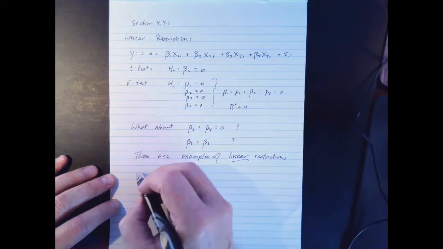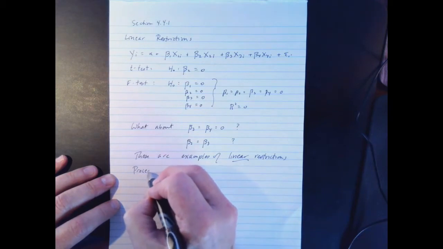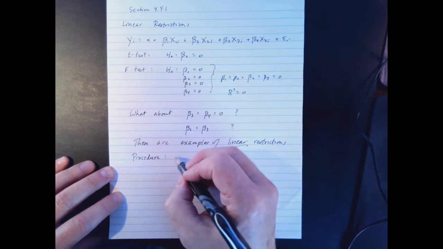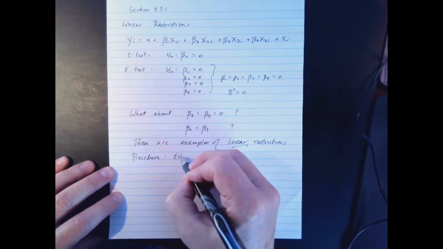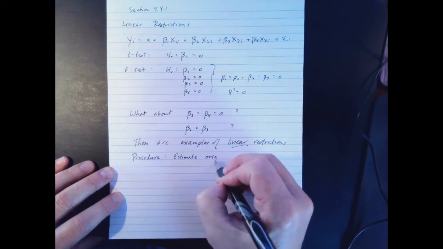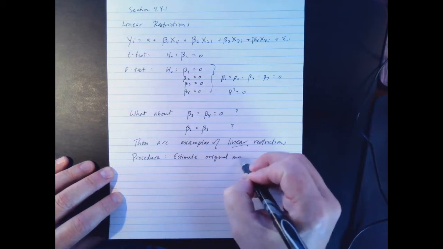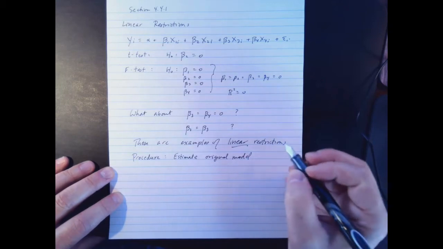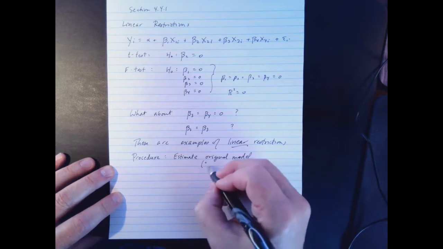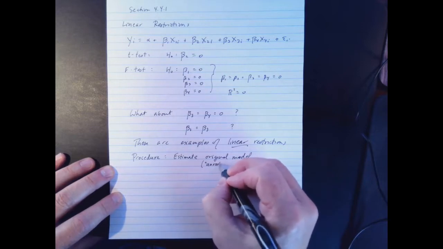And so we're going to come up with a new procedure. It will involve the following. Estimate the original model, and we call the original model the unrestricted model.